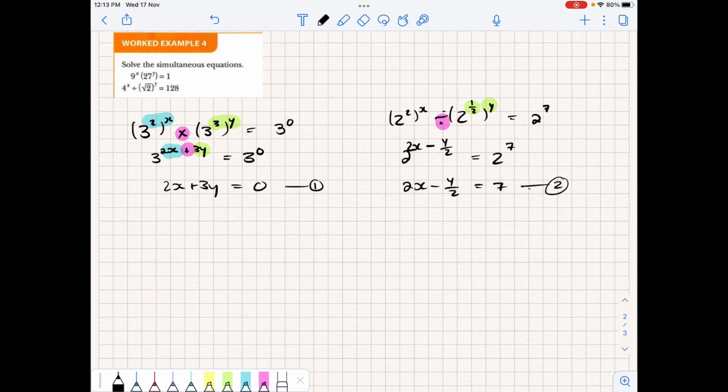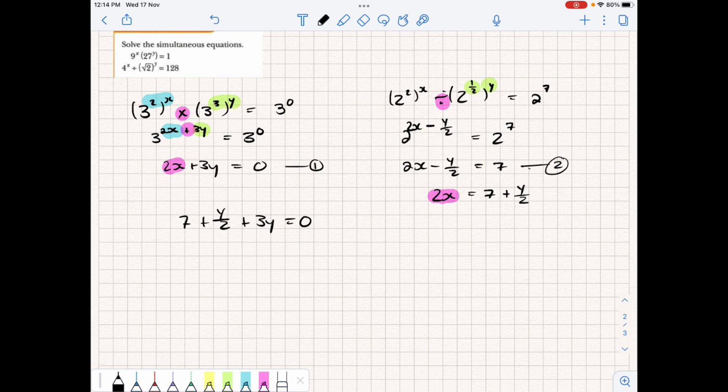So what I'll do is I will change this into 2x is equal to 7 plus y over 2, right? That tells me that I can say 7 plus y over 2 plus 3y equals 0.